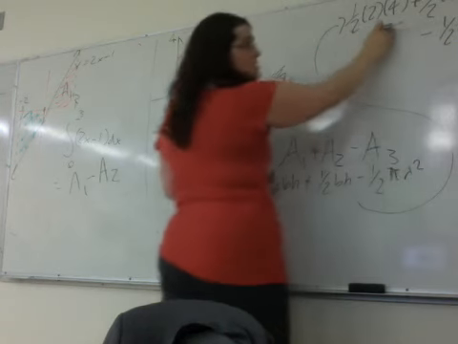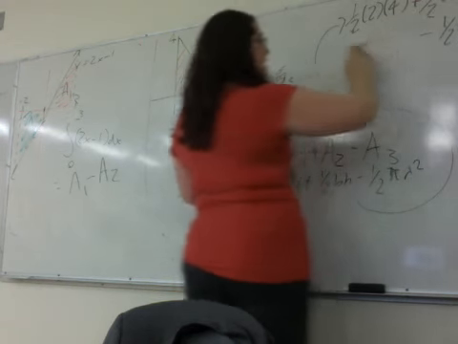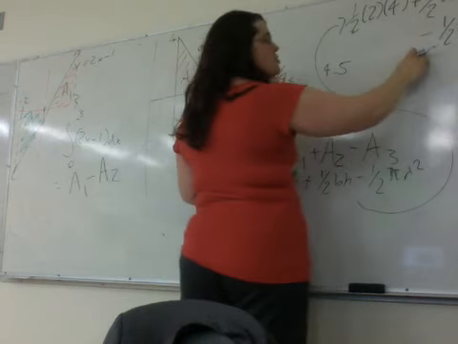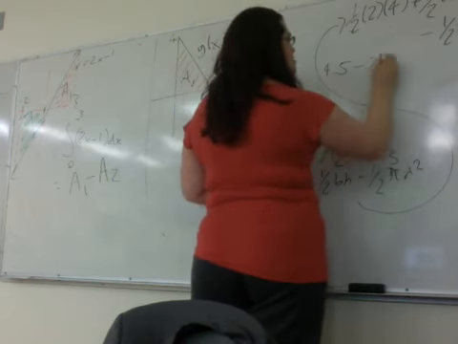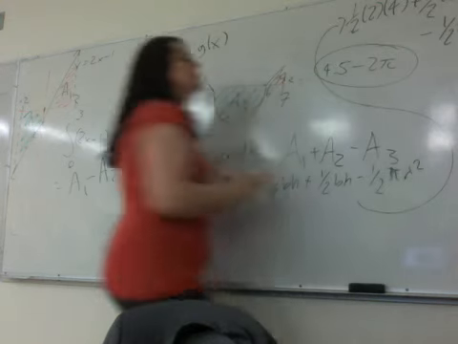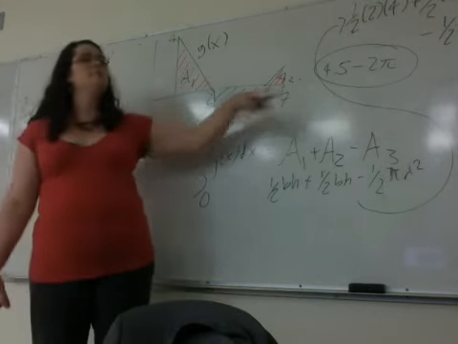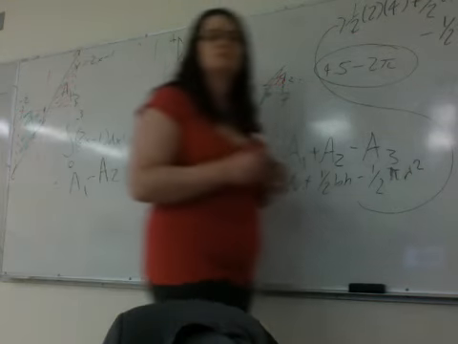So this is 4. Half times 1 times 1 is a half. 4 plus a half is 4.5. 2 squared is 4. Half of 2 is 2. So it's minus 2 pi. So that's what the integral is going to give you: 4.5 minus 2 pi. And that's because the integral always gives you the area above minus the area below.